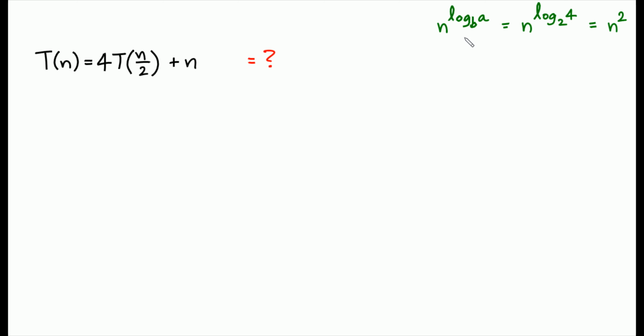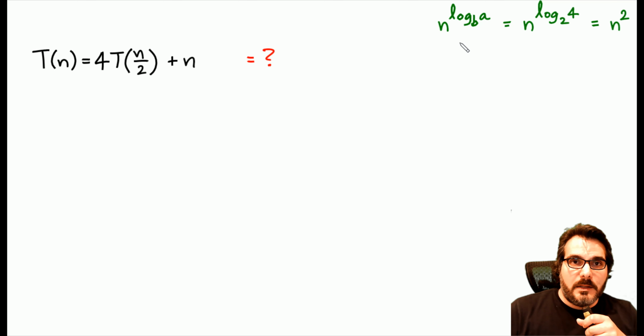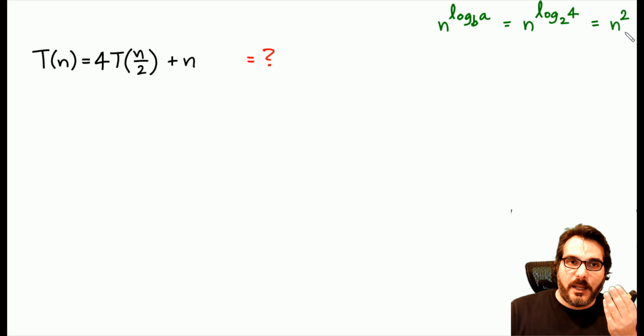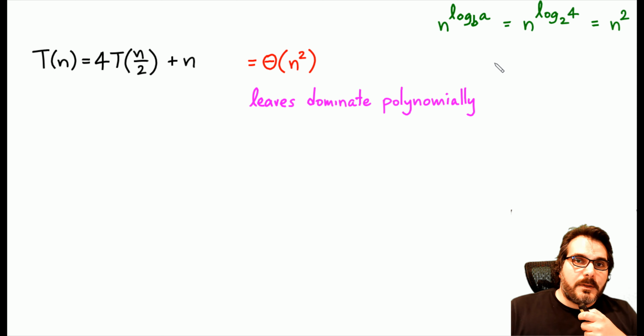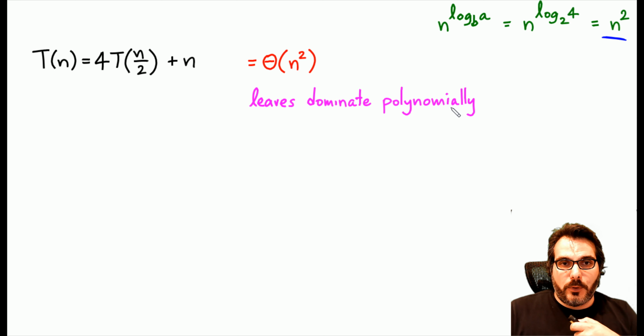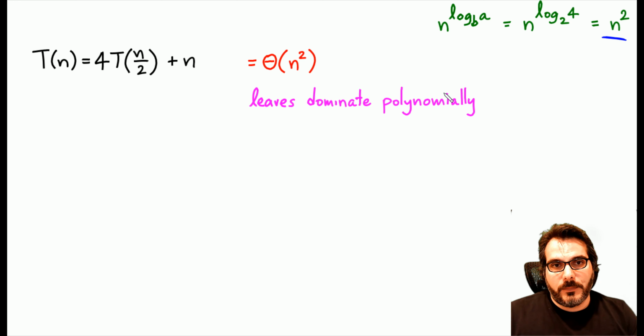So n to the log base b of a is n to the log base 4 of 2... n to the log base 2 of 4, which is n squared. So the cost function here is n, and number of leaves is n squared. So leaves dominate polynomially, we say, and the answer is theta n squared.